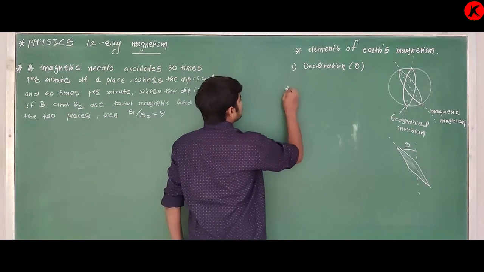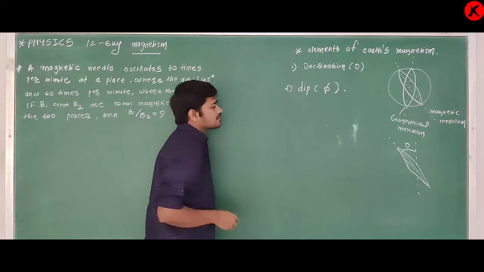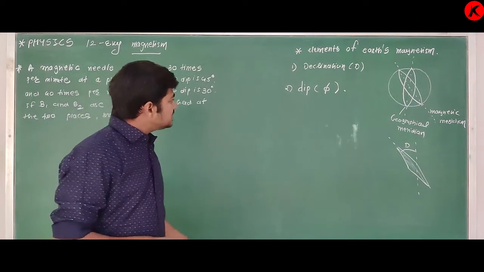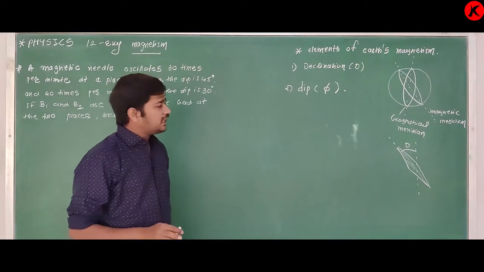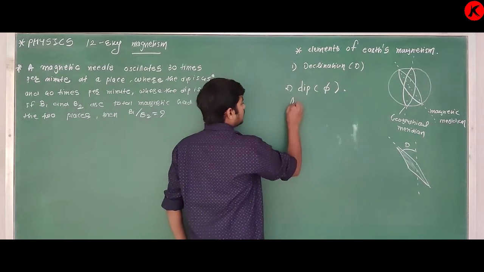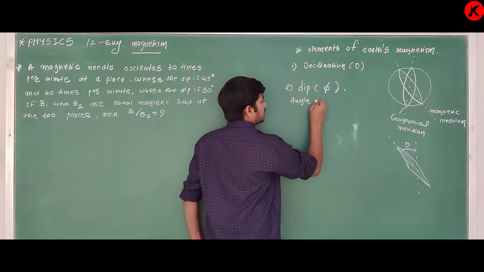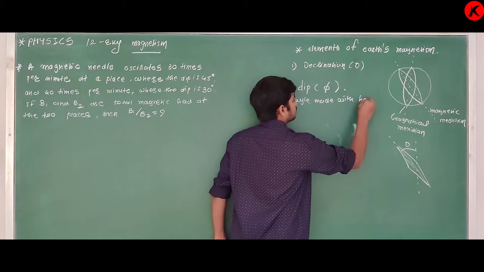Second one, dip. Declination is the angle made with true north and south. But dip is the angle made with horizontal.